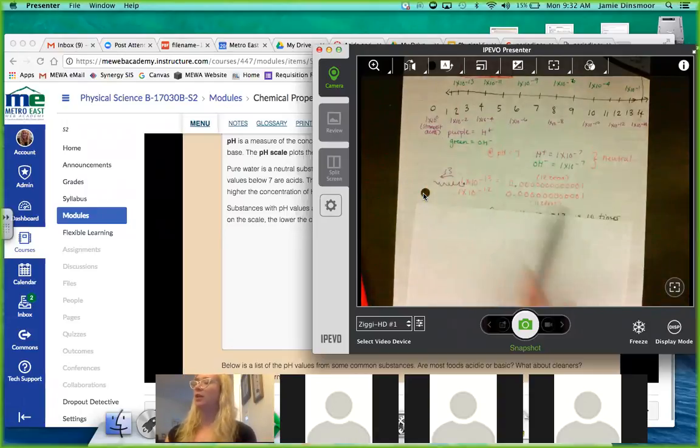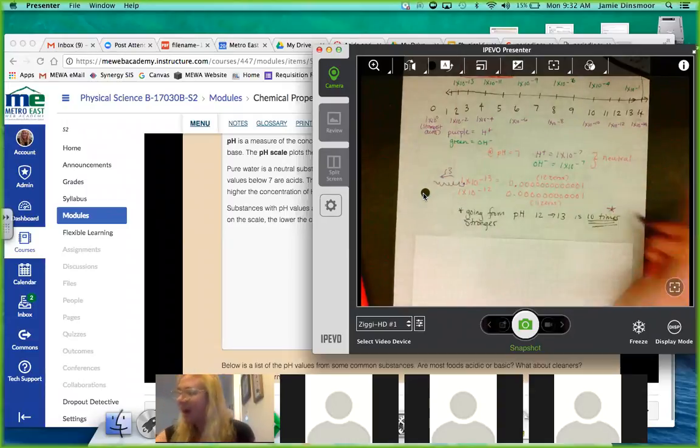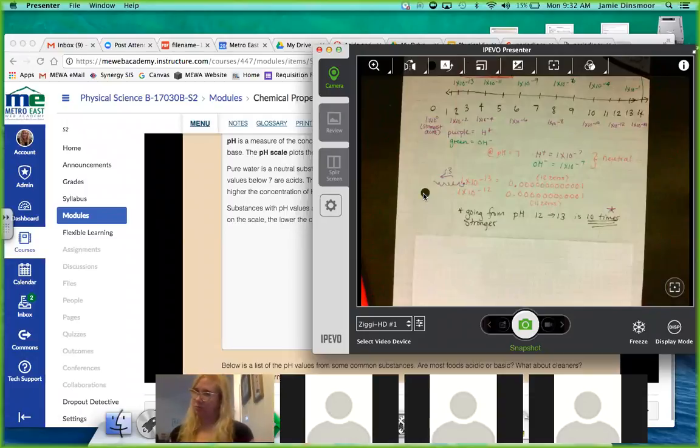So we're going to get a pretty tiny number here. We have 12 zeros and then a 1. 1 times 10 to the negative 12, we actually have 11 zeros and then a 1. What that means is that going from a pH of 12 to a pH of 13 is 10 times stronger.